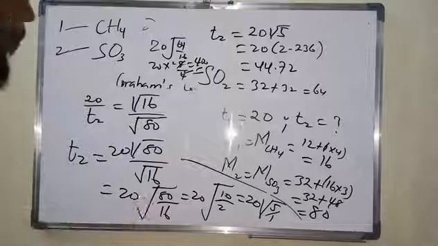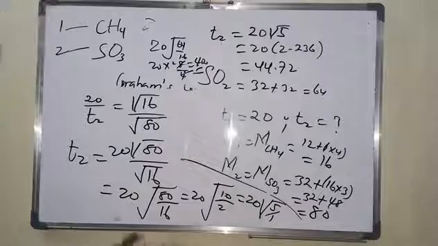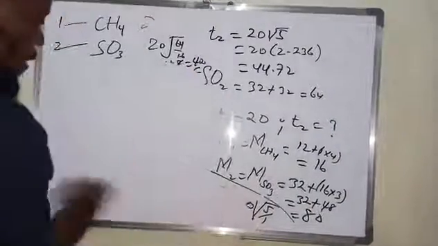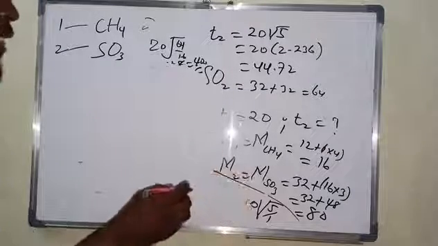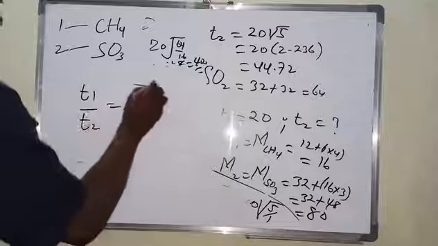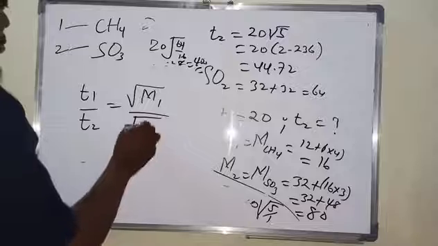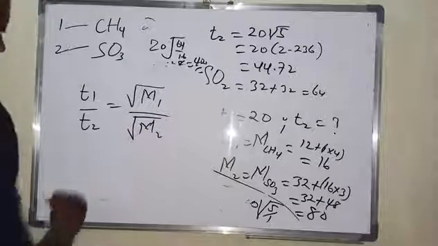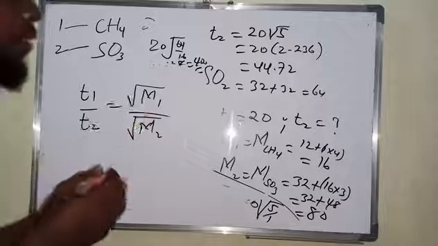The formula you need to come to terms with: if it is in terms of time and molar mass, then T1 over T2 equals root of M1 over M2. If it is in terms of density, it is the same thing.